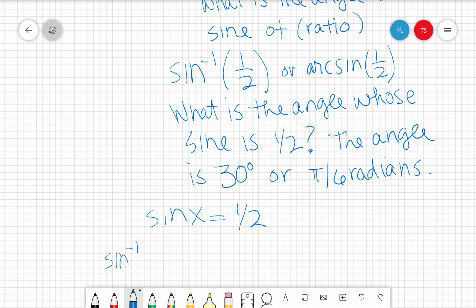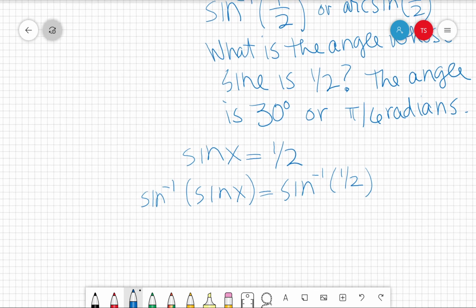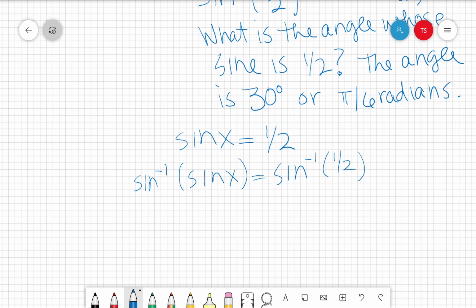Inverse sine of sine of x is equal to the inverse sine of 1/2. And recall that for a function and its inverse, f inverse of f of x is equal to x. So this is just equal to x is equal to the angle whose sine is 1/2. So x is equal to pi/6.